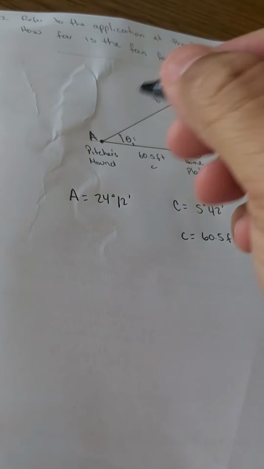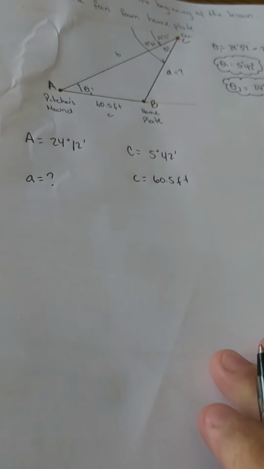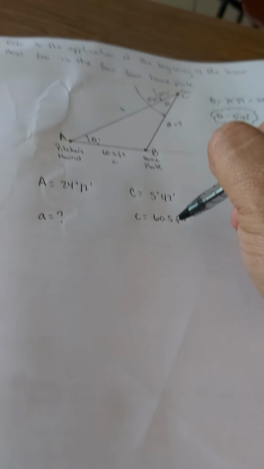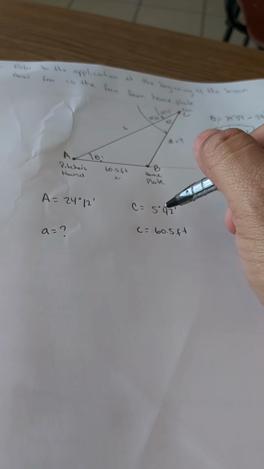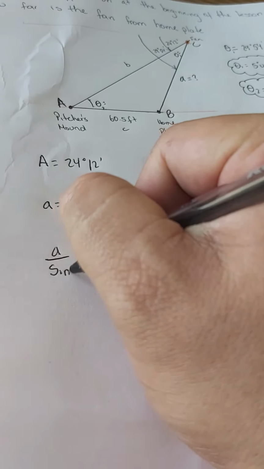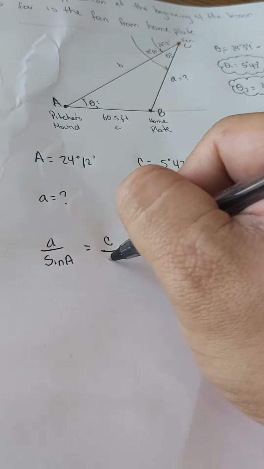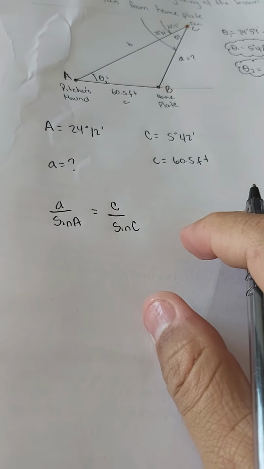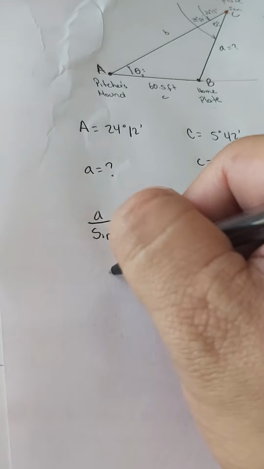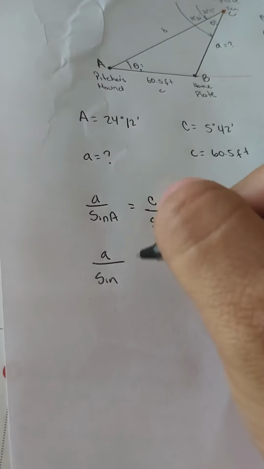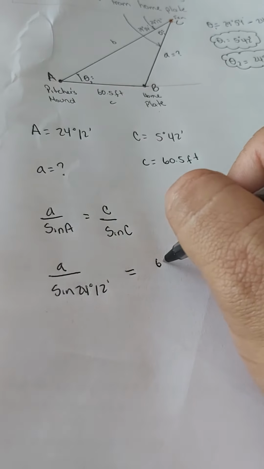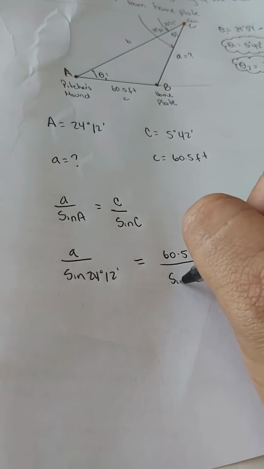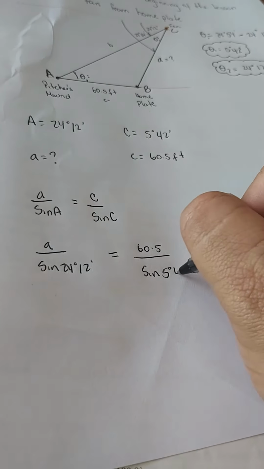And we're looking for side A. Since we know side C and its respective angle C, we can apply the law of sines: A over sine of A equals C over sine of C. A over sine of 24 degrees 12 minutes equals side C, 60.5 over sine of 5 degrees 42 minutes.